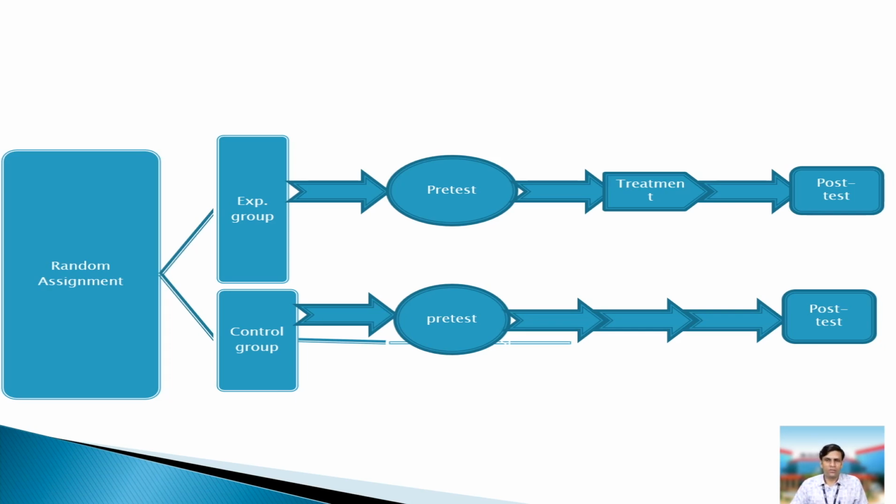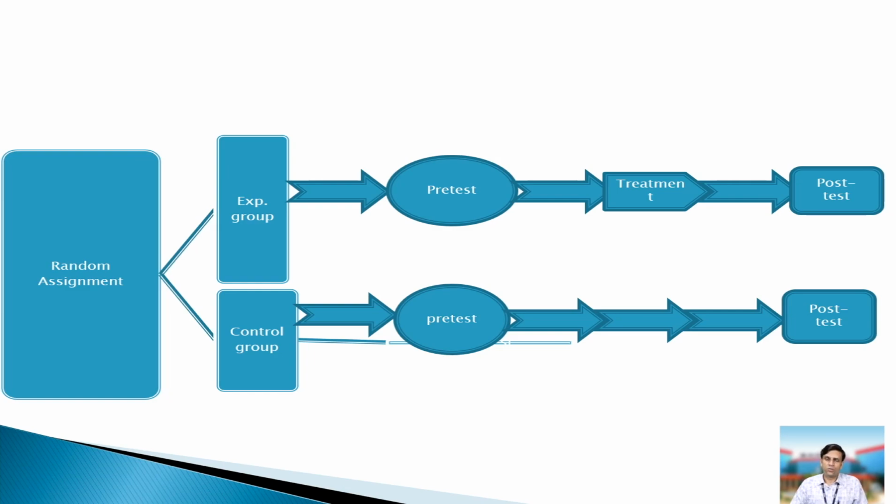Same way it will be done here, and the post-test will be done. And for the control group, after doing the pre-test, only the conventional or traditional treatment will be given and the post-test will be done. Now, after doing the post-test for both these groups, the comparison will be made to observe the effect of the treatment on the experimental group, how it is different from the control group.